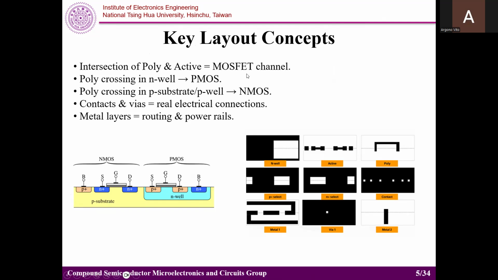So this is the NMOS, and contact and via are here, so you can interconnect different layers, and the metal layer is for routing, so you can connect a lot of NMOS and PMOS based on your design.